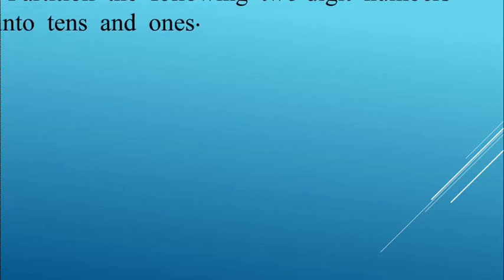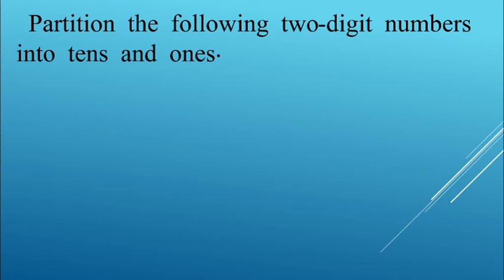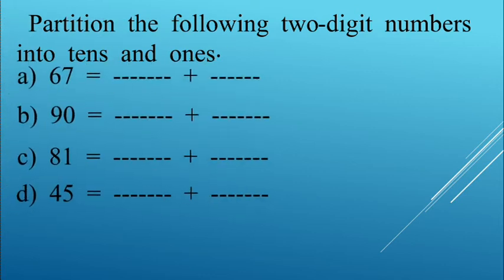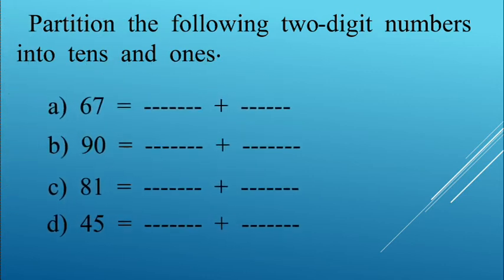Students, today we are going to learn about partitioning the following two-digit numbers into tens and ones. Right? A. 67. 67 is made up of 60 plus 7. Now try to answer B, C and D. B. 90.